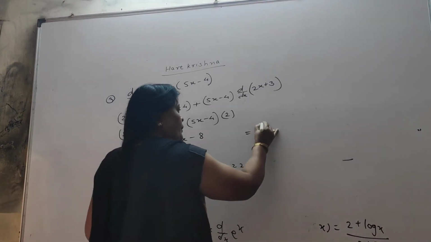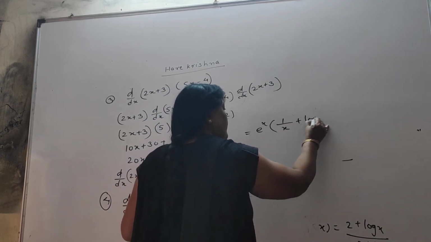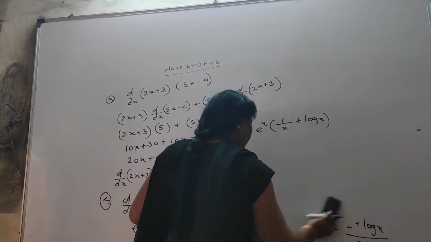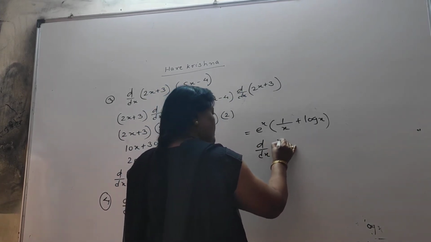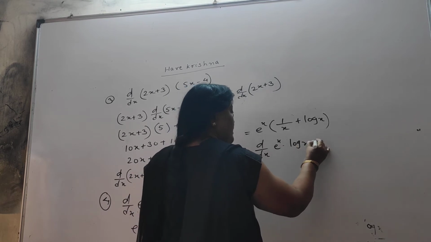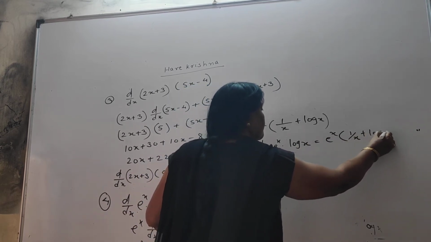Again you can take e to the power x common. What remains? 1 by x plus log x. Therefore here d/dx of e raised to x into log x is equal to e raised to x into 1 by x plus log x.